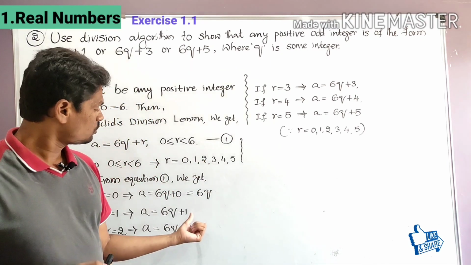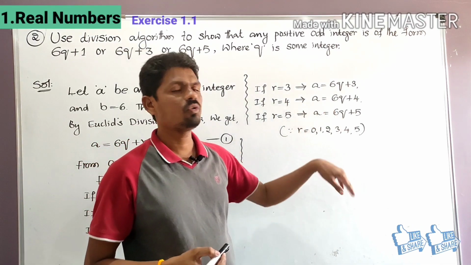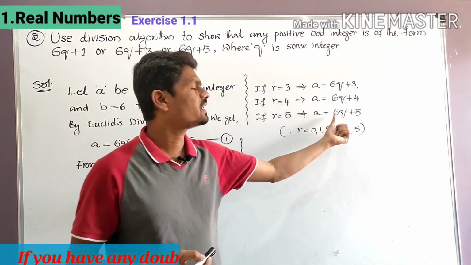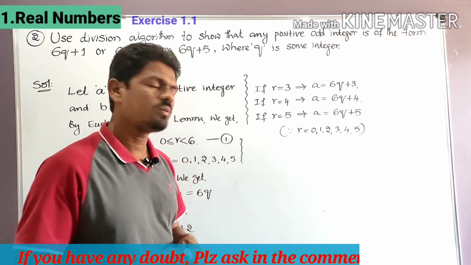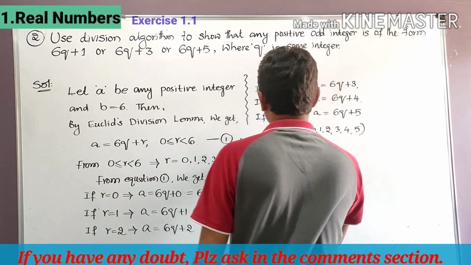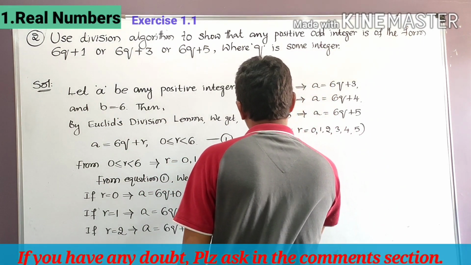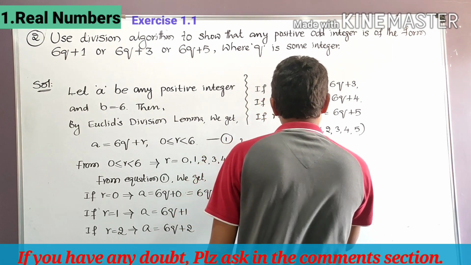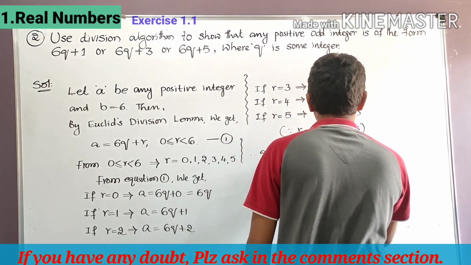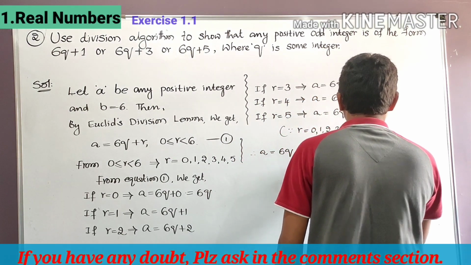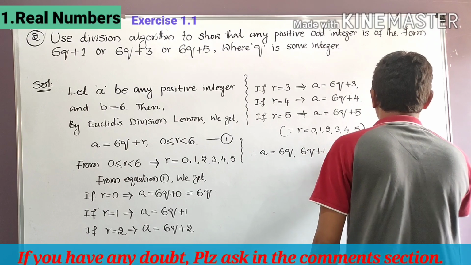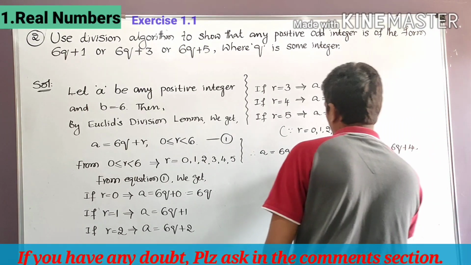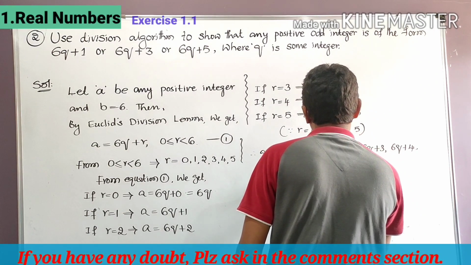Here 6q plus 2 and 6q plus 4 are the even integers, student, and 6q plus 1, 6q plus 3 and 6q plus 5 are the odd positive integers. Therefore a is equal to 6q, 6q plus 1, 6q plus 2, 6q plus 3, 6q plus 4, 6q plus 5. These are the possible values of a.